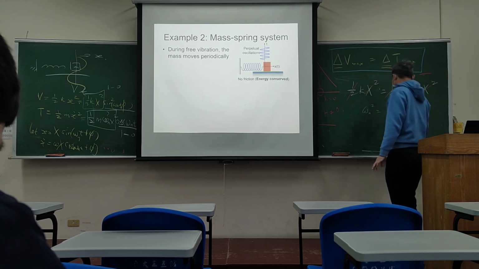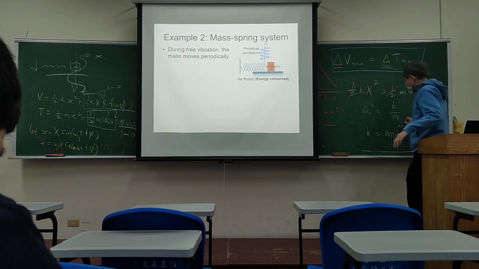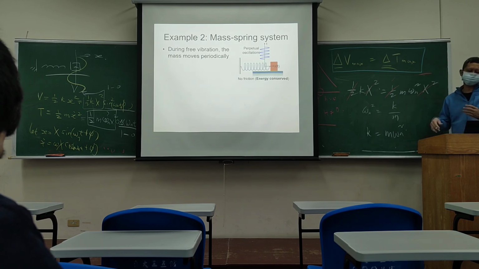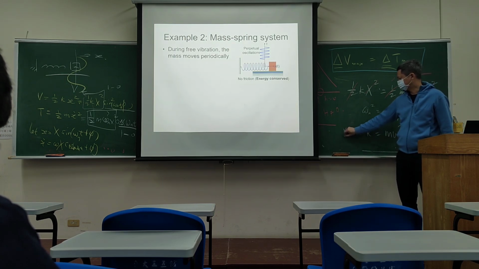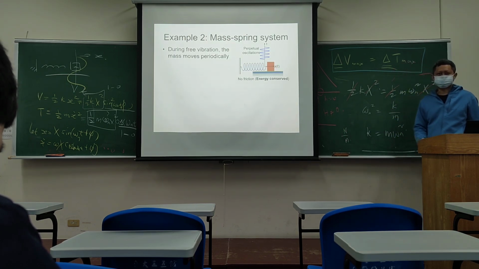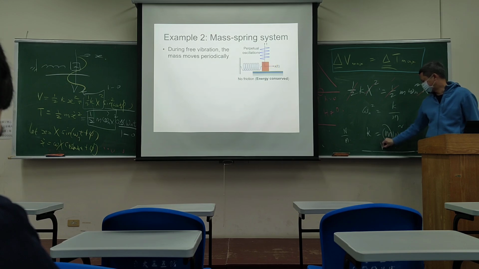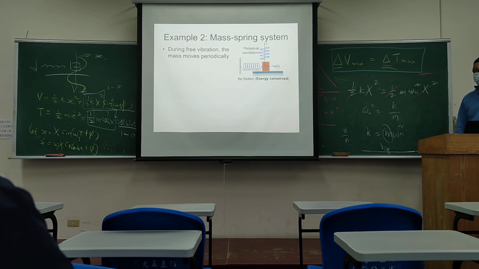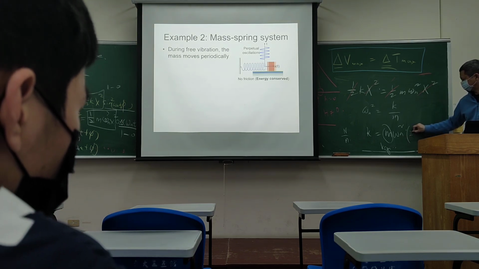Please be reminded there are also some relationships you have to get familiar with. What's the unit of stiffness? Newton per meter. What's the unit of the mass? Kilogram. What's the unit of the angular natural frequency?